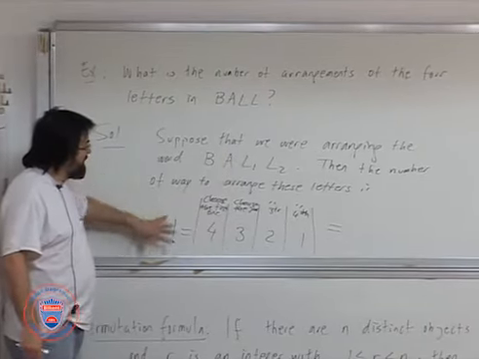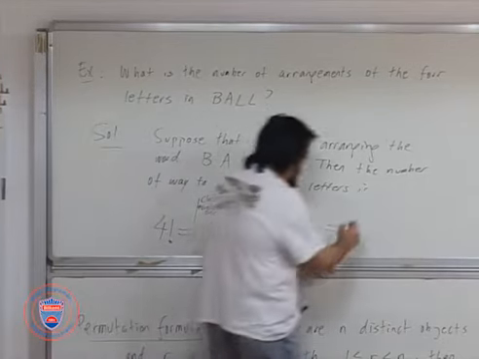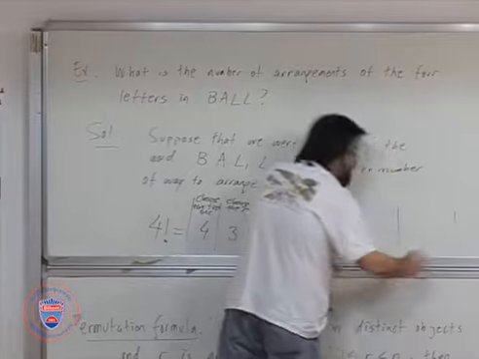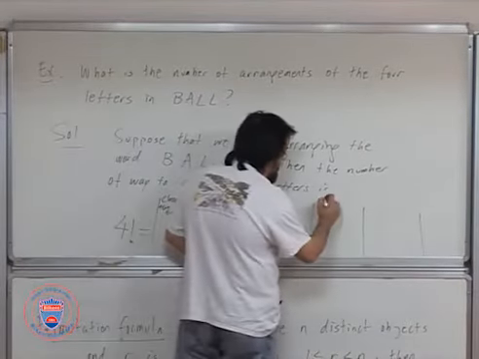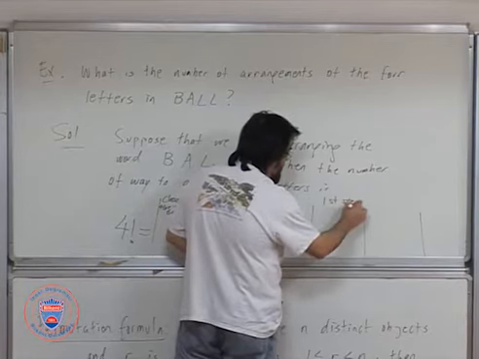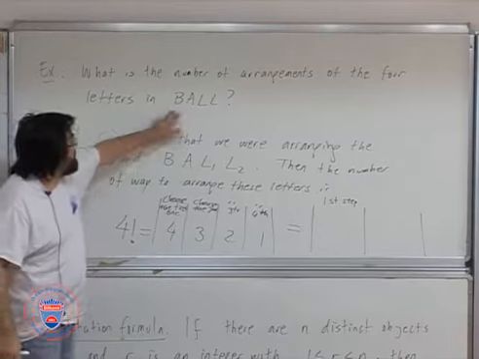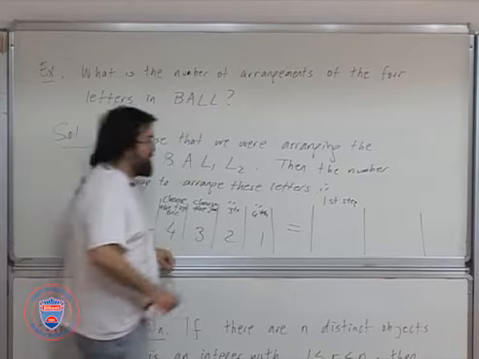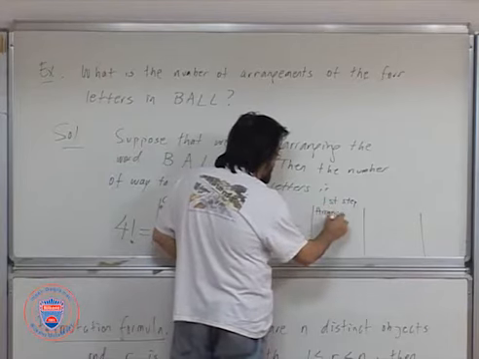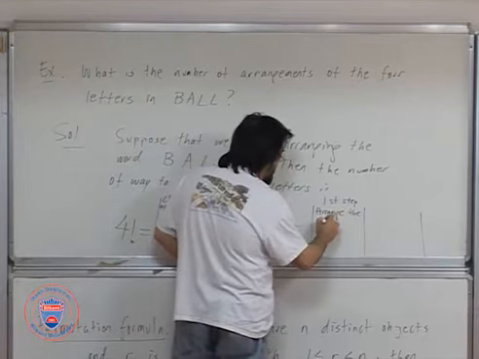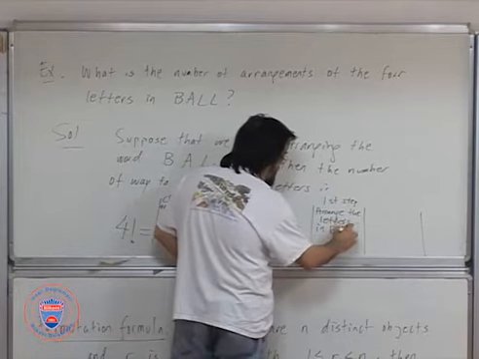So this arrangement with the 1 and 2, you can also visualize as a 2-step experiment. In the first step, you're arranging the letters in ball.